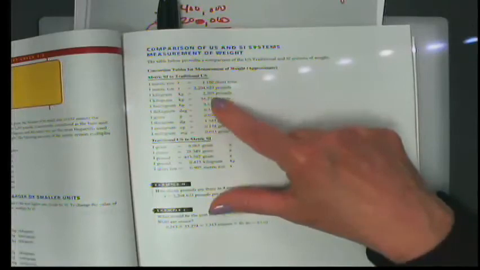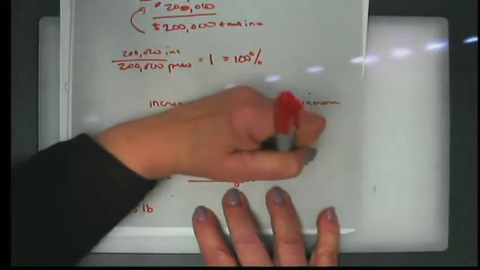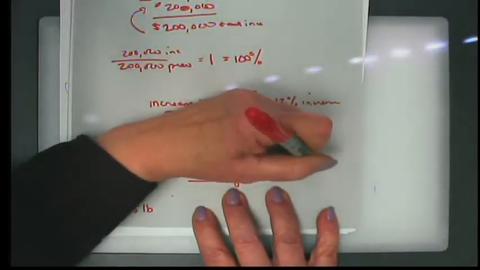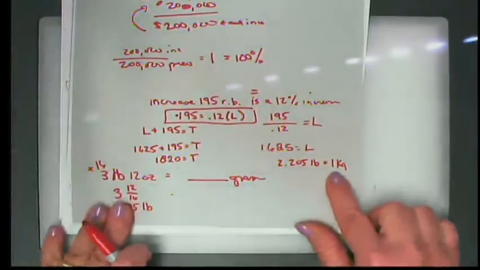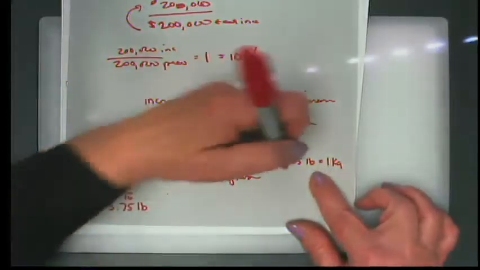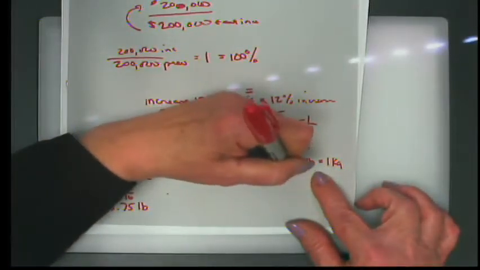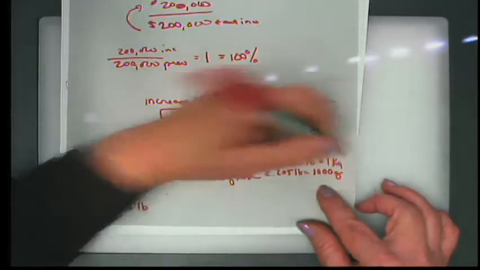All I know is that they're 2.205 pounds per kilogram. 2.205 pounds equals 1 kilogram. But a kilogram equals 1,000 grams, doesn't it? So we could also say 2.205 pounds equals 1,000 grams.